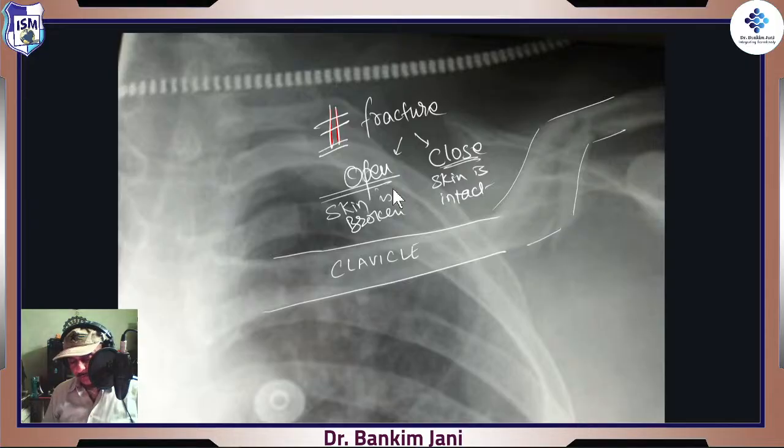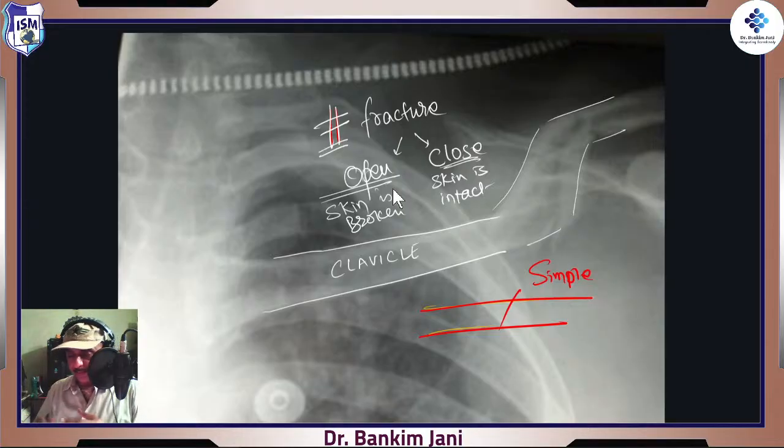Then also, this is the bone, and the bone is broken. So this is what is called a simple fracture. When it is a situation in which there are multiple pieces, we'll call this a comminuted fracture.